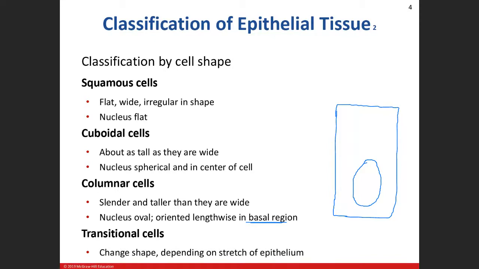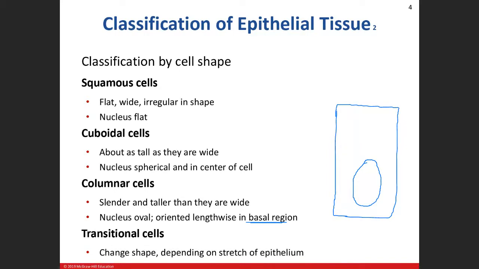And then our final cell type is the transitional cell. Now it changes shape depending on what's happening with that cell type or tissue type. Usually it's because the epithelium is being stretched. I'll go over that with you, but usually its shape varies.